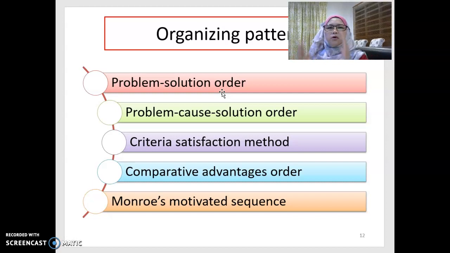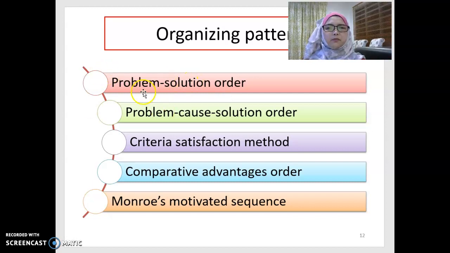So this is how you organize your presentation. When you are designing your presentation, please do not use chronological, no topical, no spatial, and no cause and effect. Okay, so you need to concentrate on just these 5.